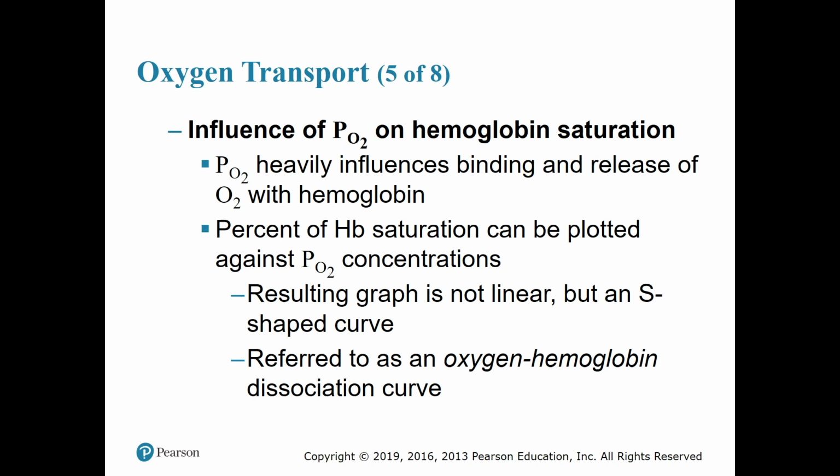It heavily influences binding and release of oxygen with hemoglobin. And the percent of hemoglobin saturation can be plotted against the partial pressure of oxygen. The resulting graph is not linear, but it's an S-shaped curve, and it's referred to as an oxygen-hemoglobin dissociation curve.